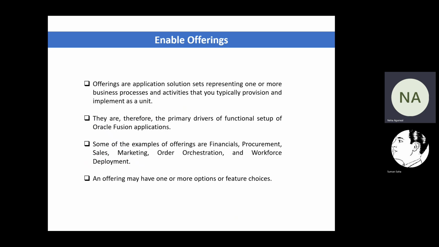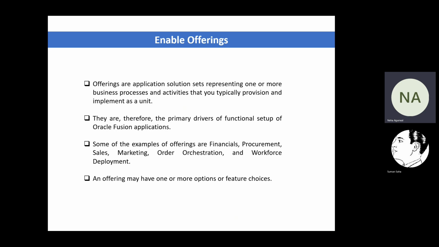They are therefore the primary drivers of the functional setup of the Oracle Fusion applications. A few examples of the offerings are financials, procurement, sales, marketing, order orchestration, and workforce deployment.